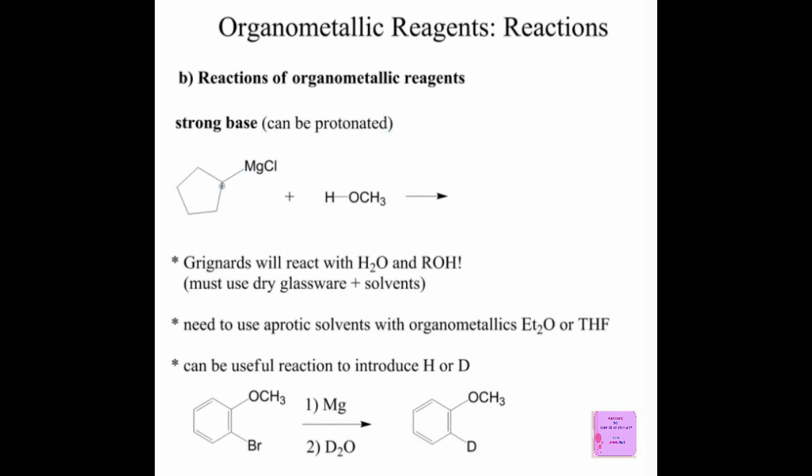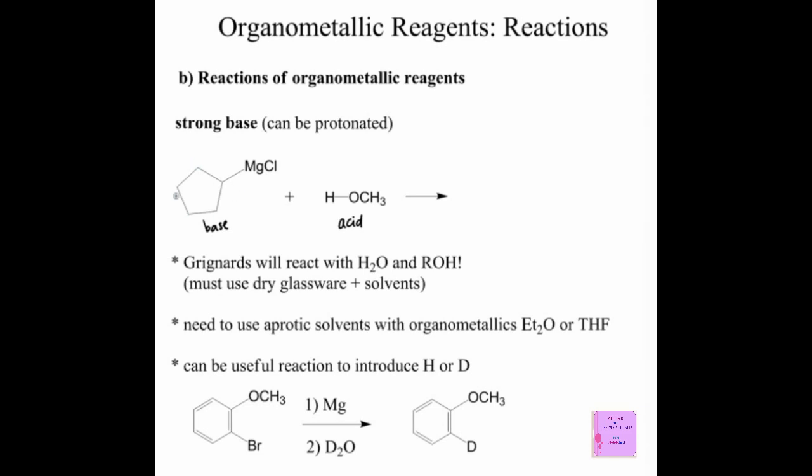Okay, if we have this magnesium chloride on this carbon chain and we react it with an alcohol like this, we just learned how alcohols can be acidic. This is an acid. This is a very strong base. And so we're going to get a proton transfer reaction to take place.